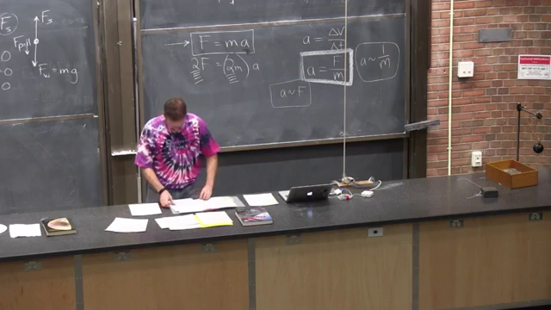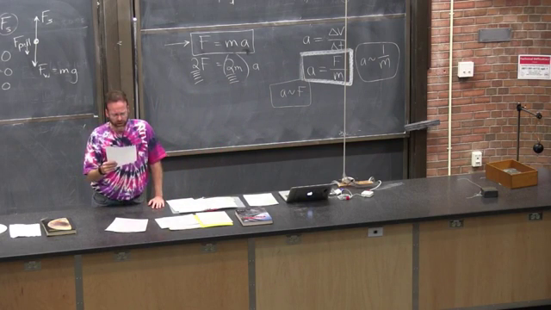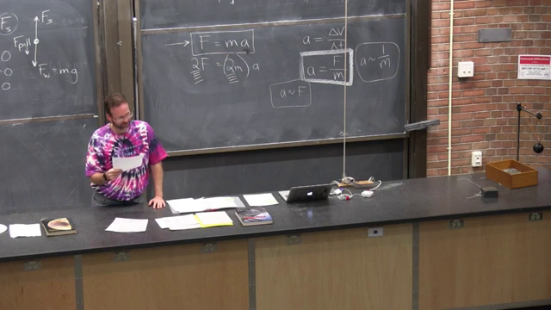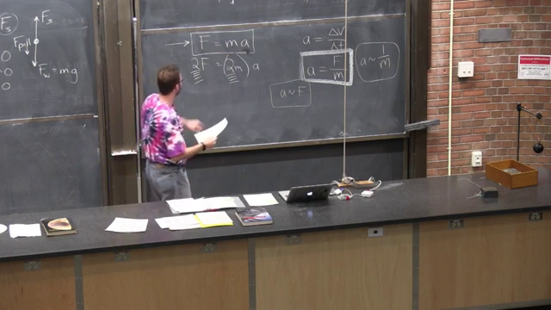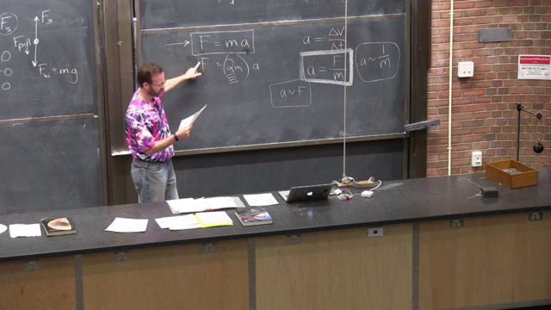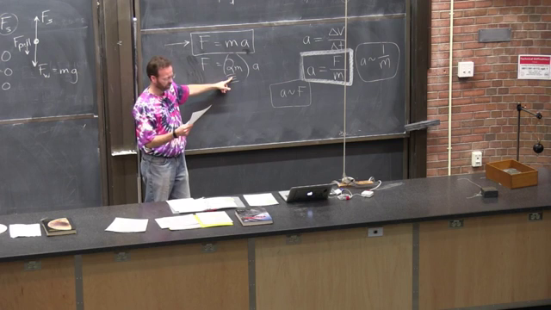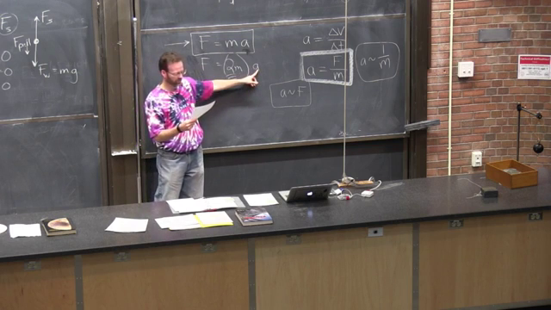All right. The pre-lecture questions. A cart is pushed and undergoes a certain acceleration. If the force is held constant, then the mass of the cart doubles. So it's this one. We just doubled the mass. If the force is held constant and the mass doubles, what will its acceleration do?